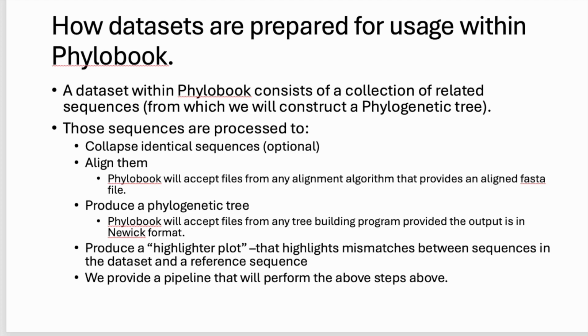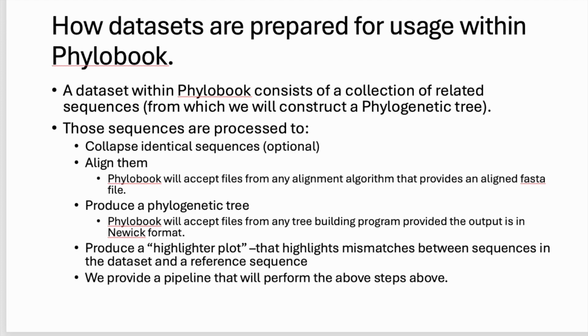So when we do deep sequencing in a patient, there may be multiple copies of the same sequence, and we don't want our phylogenetic tree to be really tall, displaying all kinds of identical sequences. So we collapse the sequences into sequences where each one is unique. When we do that collapsing, we actually annotate the sequence name with an underscore and the number of sequences that were collapsed into it, and PhyloBook later on will make use of that information.